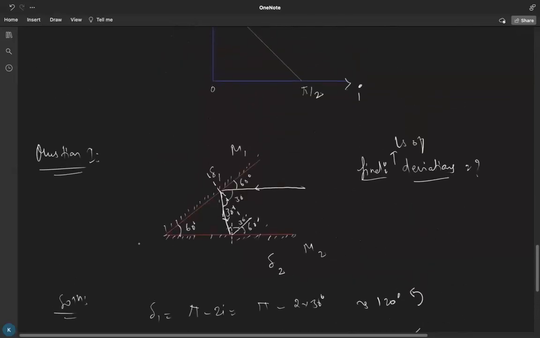Okay. So what you have to do is take the incident ray of light and just apply the formula. The first thing given is the angle between the incident ray and the mirror. But we have to find the angle of incidence, which is between the incident ray and the normal.